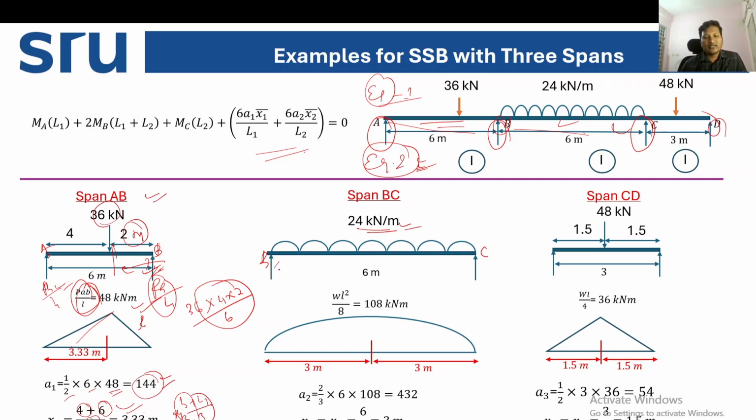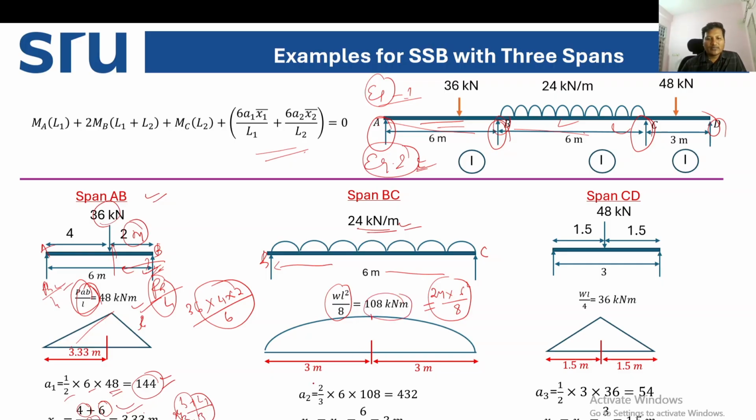Similarly for span BC, the UDL is 24 kilonewton per meter and the span length is 6 meter. What is the free bending moment diagram? The maximum bending moment will be WL square by 8. Here W is 24, L is 6, square, divided by 8. If you solve this, you'll get 108 kilonewton meter.